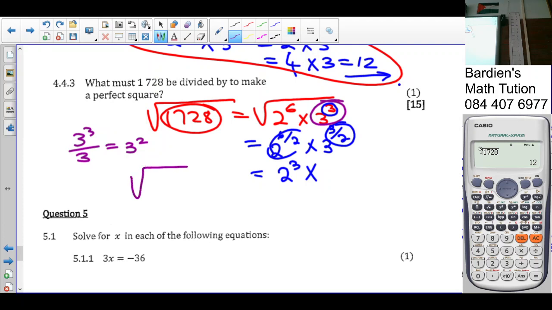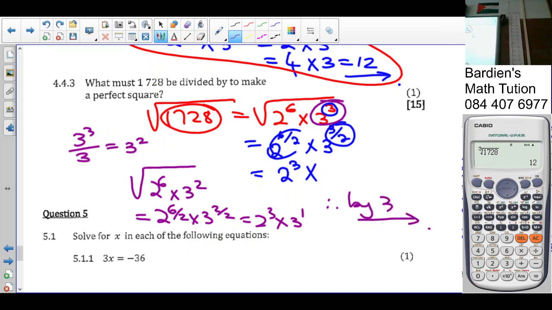If I had the square root of 2 to the 6 times 3 to the 2, that will be 2 to the 6 over 2 times 3 to the 2 over 2, which is 2 cubed times 3 to the 1. So is that a perfect square now? Yes. So therefore, divide by 3. Does it make sense, people? Okay. So it will then be a perfect square.